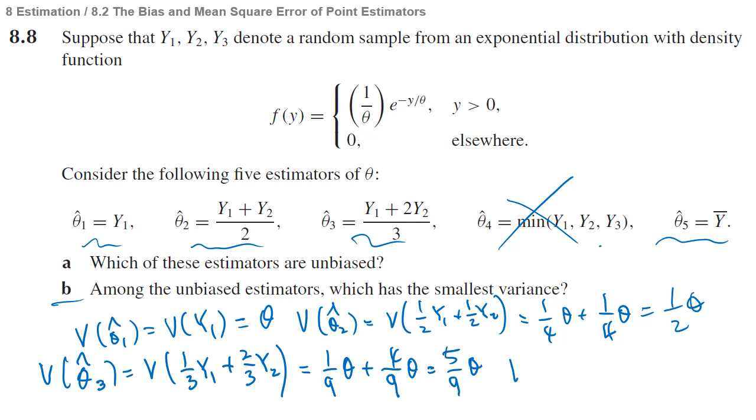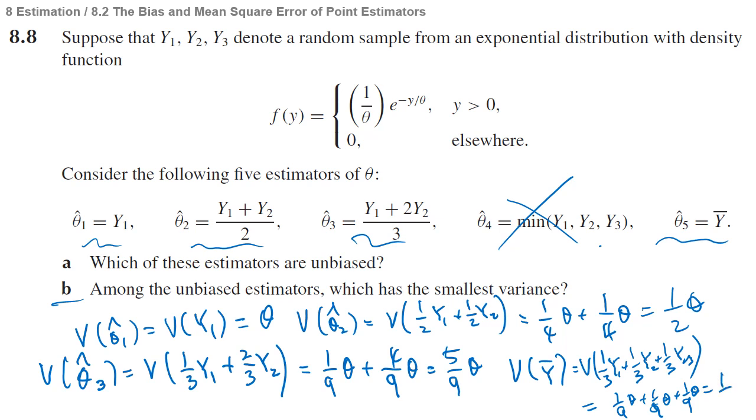And what about the variance of Y bar, which is the variance of 1/3 Y1 plus 1/3 Y2 plus 1/3 Y3? So this is 1/9 theta squared plus 1/9 theta squared plus 1/9 theta squared, which is 1/3 theta squared.